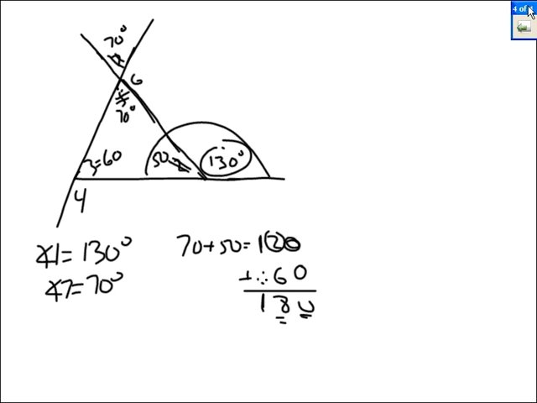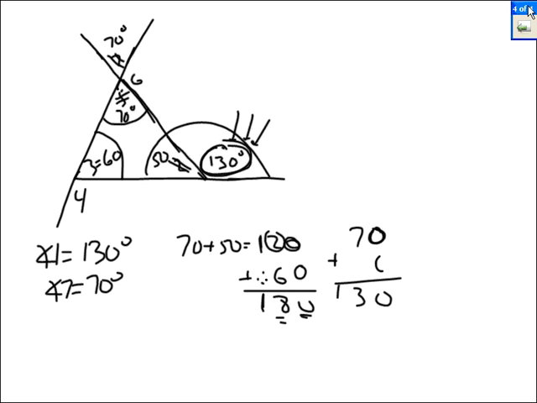Or you could have said that with respect to the 130 degree angle, these are remote interior angles. They should add up to the exterior angle. 70 plus what is equal to 130?